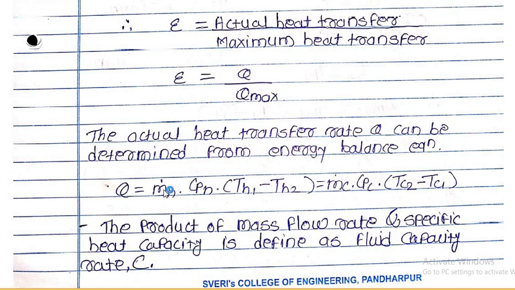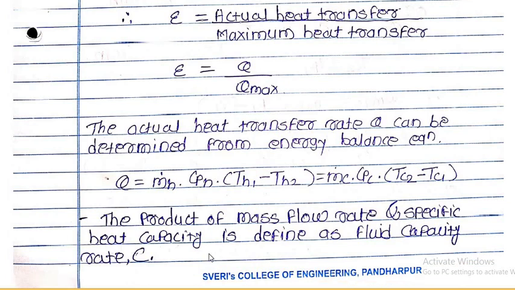So the product of mass flow rate multiplied by specific heat is nothing but the fluid capacity rate. If we are considering this for the hot fluid, then that will be the heat capacity rate of that particular hot fluid. If you are considering the cold fluid, m dot C multiplied by Cpc, then that is the fluid capacity rate for the cold fluid.